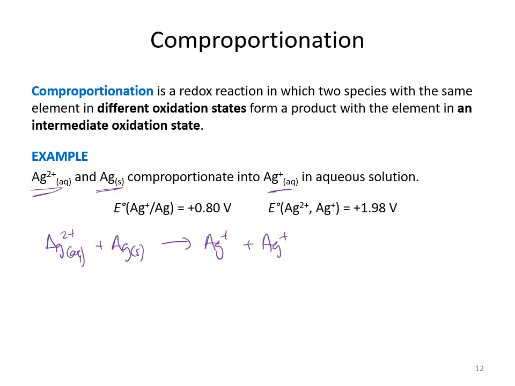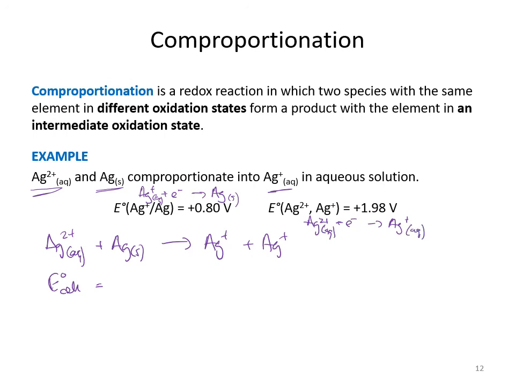Here we can again find our E cell. We need to figure out which reaction is which. Again, we can write these out: Ag+ plus e- goes to Ag, with the state symbols aqueous and solid, and Ag2+ plus e- goes to Ag+, again aqueous.